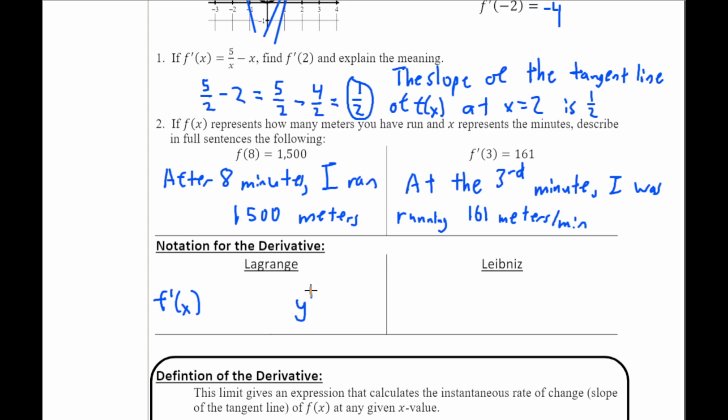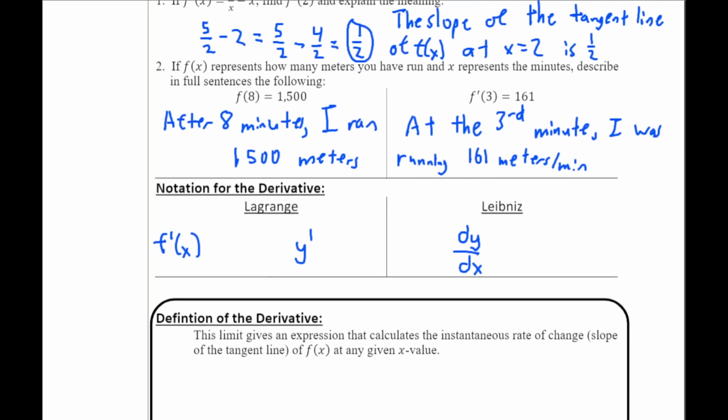That's the Lagrange notation here. Leibniz notation is when instead of y prime or f prime of x, they'll say you're differentiating y with respect to x. So you can see like f prime of x is equal to 2x, y prime is equal to 2x, dy dx is equal to 2x. Just know these are all the same thing. Just notations, how you can write the derivative.